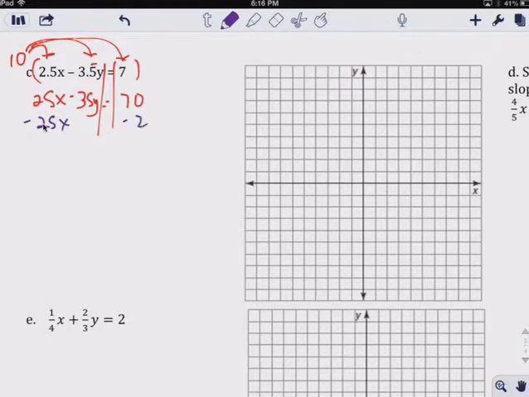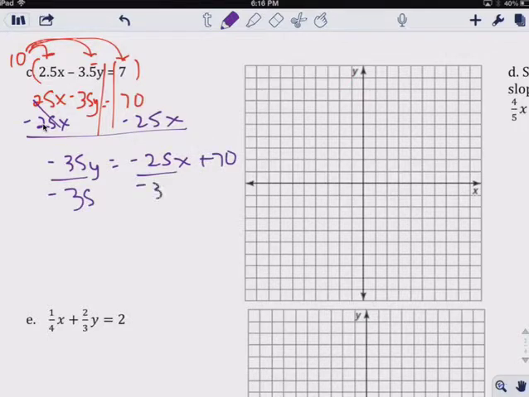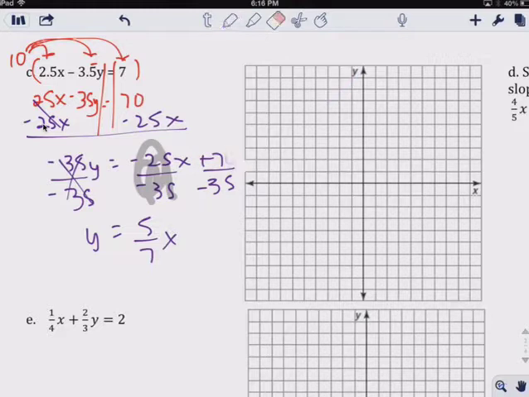25x minus 25x. That gives me negative 35y equals negative 25x plus 70. Divide by negative 35, divide by negative 35. Y equals, reduce these by 5, that's 5 over 7x. This one here divides evenly to a negative 2, and you can graph that.